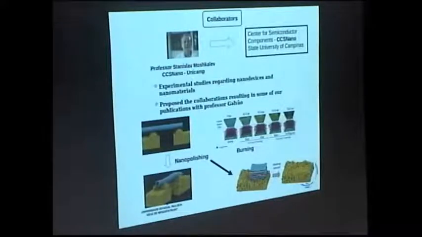Our last work was using ReaxFF also, even though there were no chemical reactions in this simulation, but we didn't know if they would happen or not. It is the nanopolishing problem.